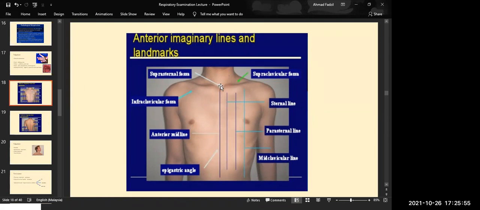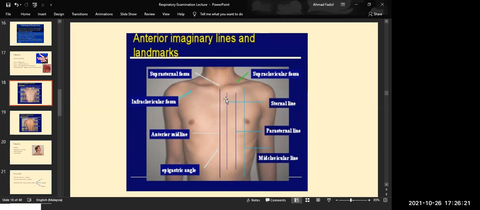As I mentioned, when you look at the trachea, there is the thoracic inlet that divides the upper airway and lower airway. Here is where the trachea is, and you can see the depression during inspiration that gives you information that the child is having distress. So this is the supraclavicular fossa, the suprasternal fossa.